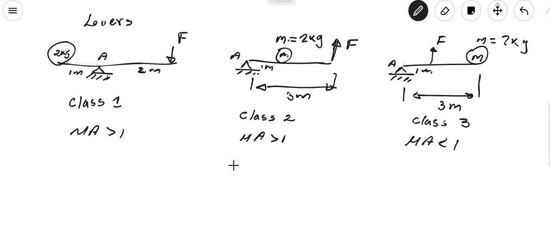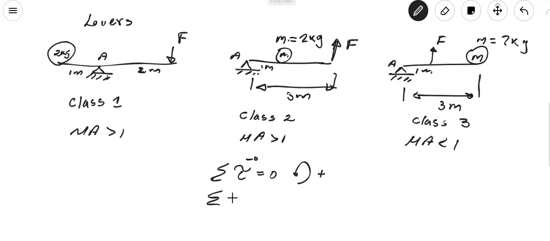Now, to solve problems with levers, we have to use the equations of equilibrium. When you use the equations of equilibrium, we have three equations if you are working in two dimensions. The sum of the torque is equal to 0, and usually we take the torque positive when it's counterclockwise.